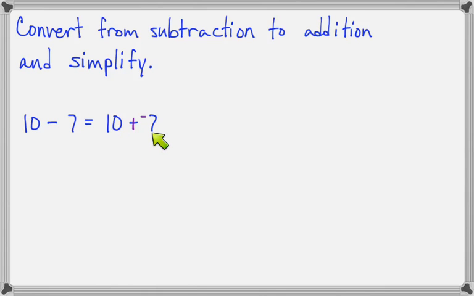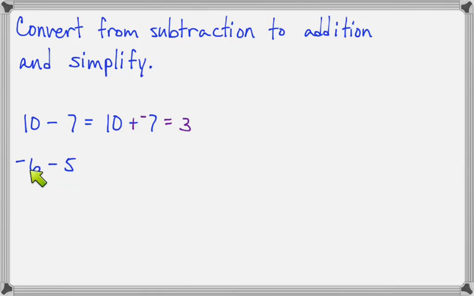And our addition rules say subtract the two numbers and use the sign of the larger number. So in this case, positive 3. Now I'm not saying that you need to take an easy problem like this and complicate it this way, but I'm saying that whenever you have a subtraction that's not immediately obvious to you, this is a way to figure it out.